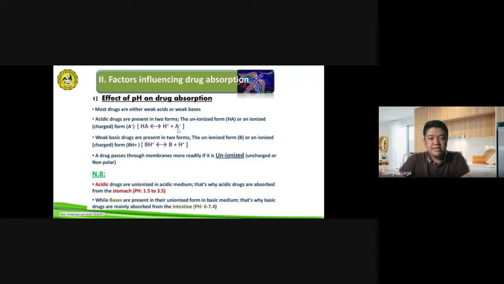So what remains is the conjugate base. The conjugate base is an acid that is formed after the removal of hydrogen ion. So A minus represents the conjugate base. Conjugate base is an acid that is formed after removal of the H or the hydrogen ions.